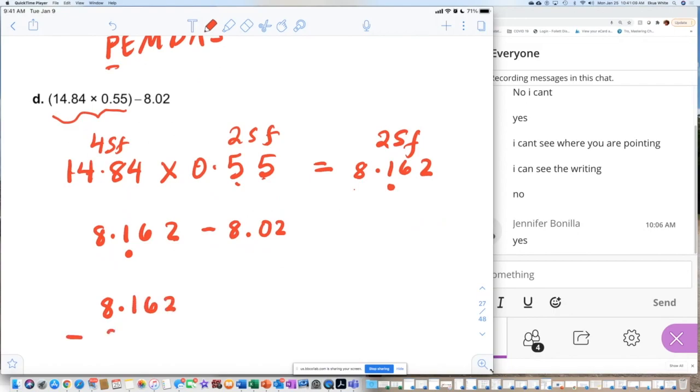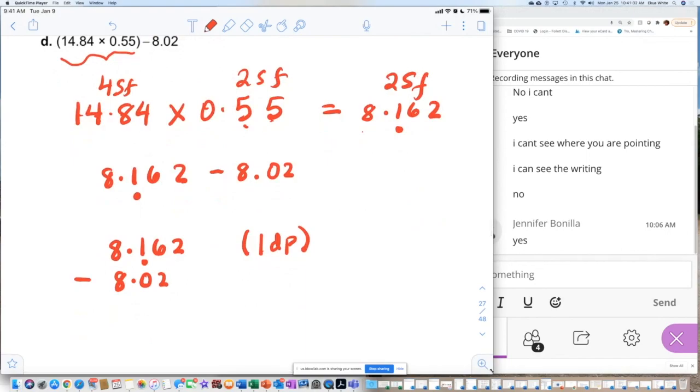8.162 minus 8.02. Remember, this has to be rounded up to 1 decimal place or 2 significant figures, right? So it's 2 significant figures here, but when you're right here, it's 1 decimal place. I know that's the tricky part. It's 1 decimal place. So do your math.